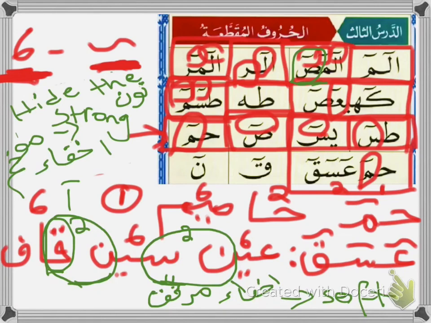So again, Ayn, Sin, Qaf. Again, Ayn 6, Ayn. Now Nun with Sin is Ikhfa. Ayn, Sin, Qaf.